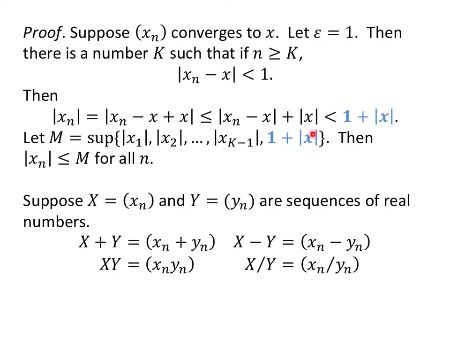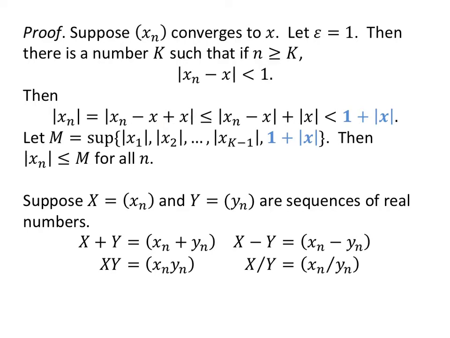So here's a little maneuver that we'll do to help us out. I'm trying to bound x sub n. I'm going to take n greater than or equal to the number k that I have here. Well, if I want to bound it, I insert a minus x there, but I can't just insert that and not adjust the value, so I have to add x at the end.